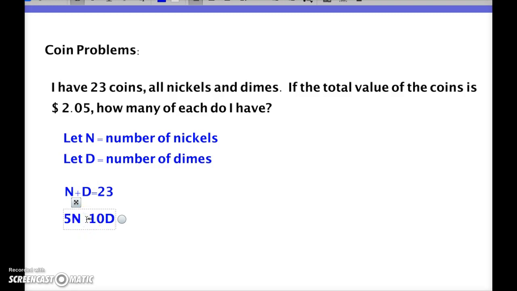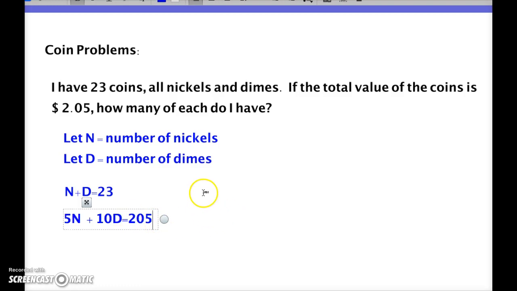And if I add those two together, so I'm adding the amount I have in nickels with the amount I have in dimes, that should give me the total amount of money I have, which in this case would be $2.05. But I need to put everything in cents. So I need to write it as 205 because it's 205 cents.